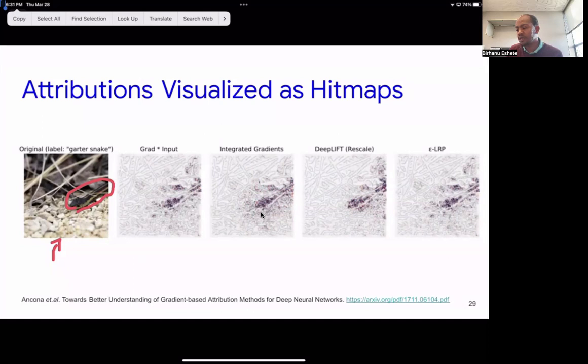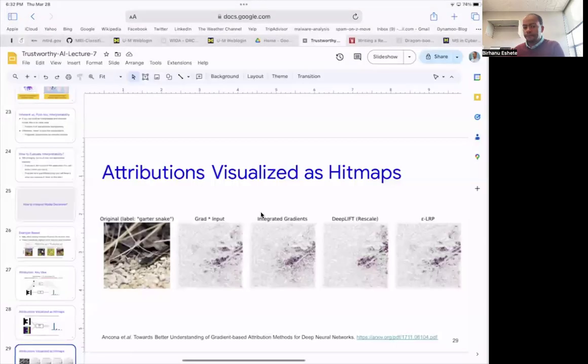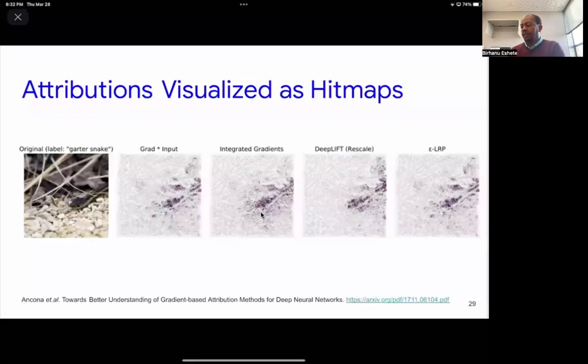And as you can see, there is some portion of the snake that is highlighted over here. And we also have integrated gradients, another approach where you're trying to explain or highlight this using the heat map. And we have DeepLIFT, which is basically scaling the input, the pixels, to show the attribution aspects of the pixels as well.